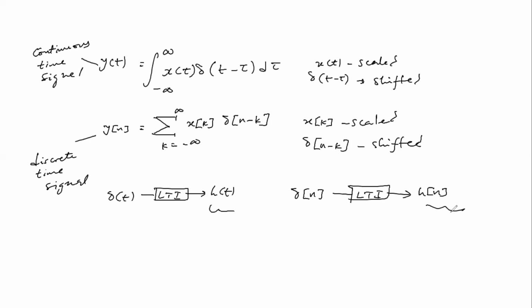So if s of t is fed into an LTI system such that we get y of t, then it means that y of t is the same as s of t convolved with h of t.